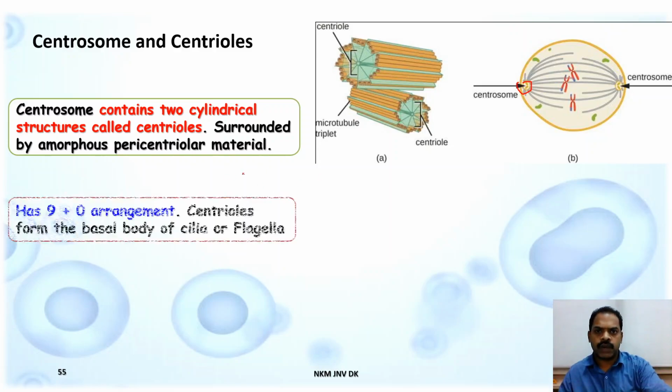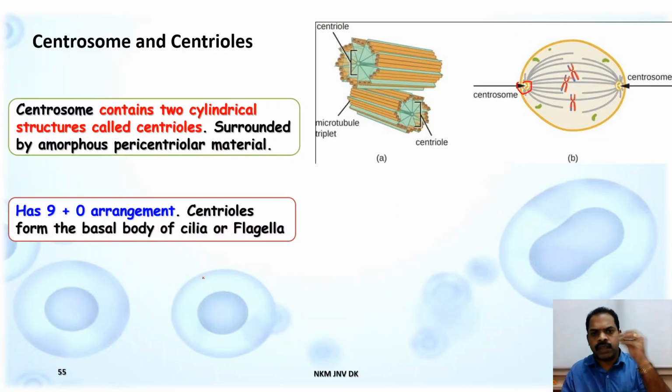The peculiarity here is the 9 plus 0 arrangement. The radial spokes and cartwheel structure are there, but in the center there is no microtubular arrangement; only in the periphery there are 9 triplets, connected to the center.